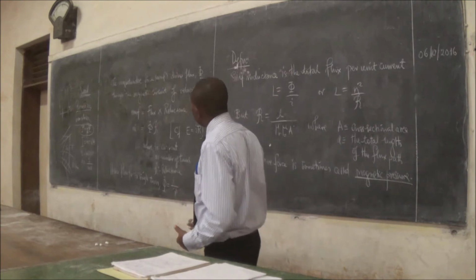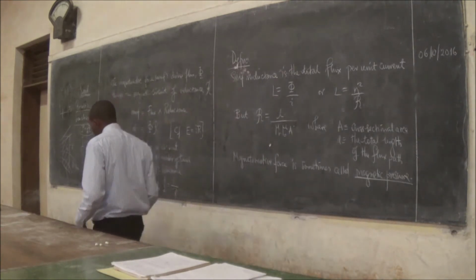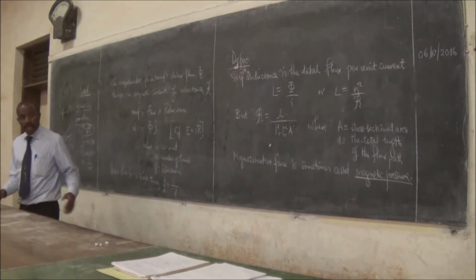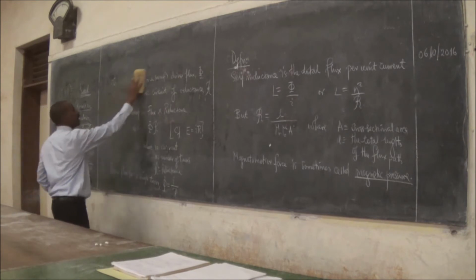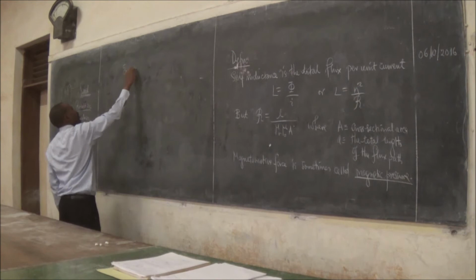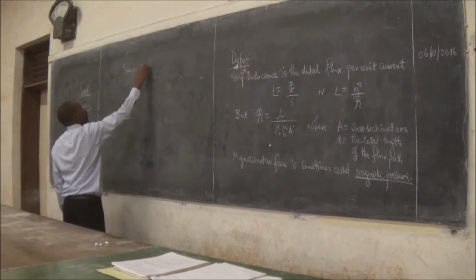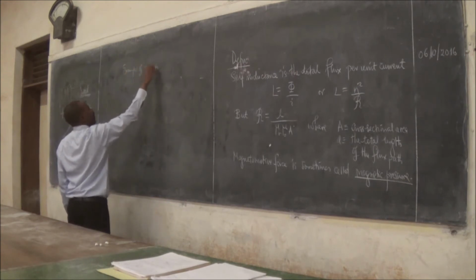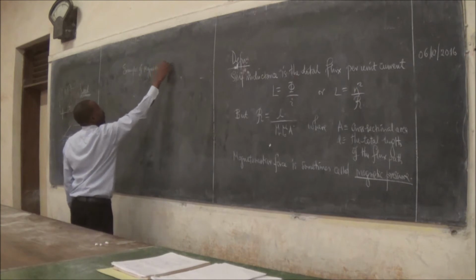So we've talked about magnetic circuits. So what are examples of magnetic circuits?